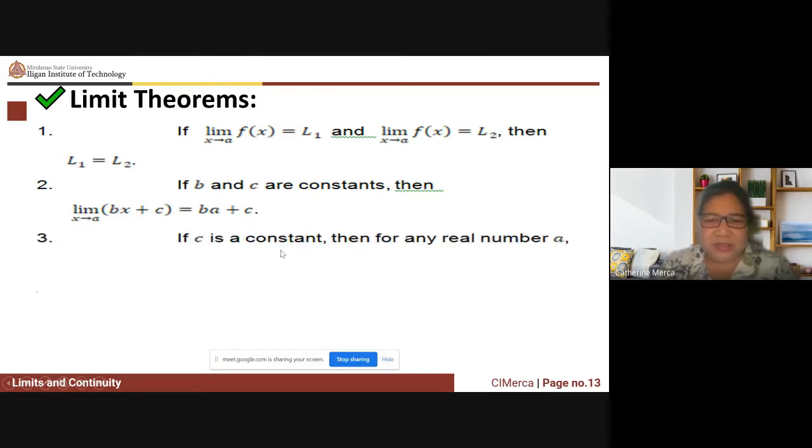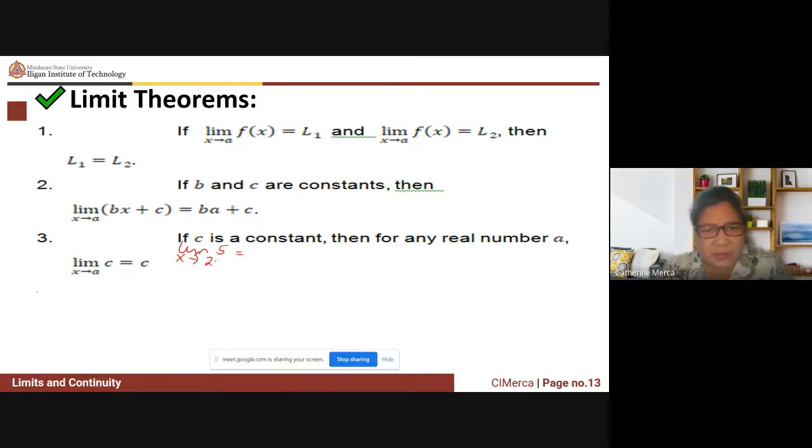If c is a constant, then for any real number a, what do we have here? Limit of a constant as x approaches c is equal to c. So, limit ng constant is the same as the constant there as x approaches c. For example, limit of 5 as x approaches, say, 2.